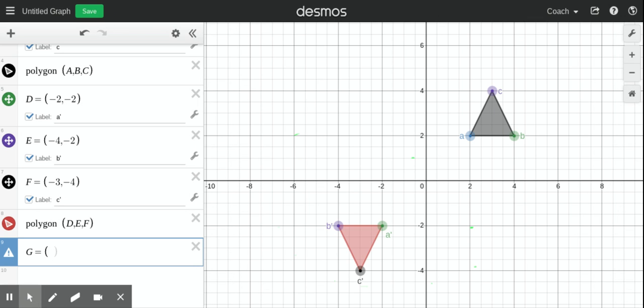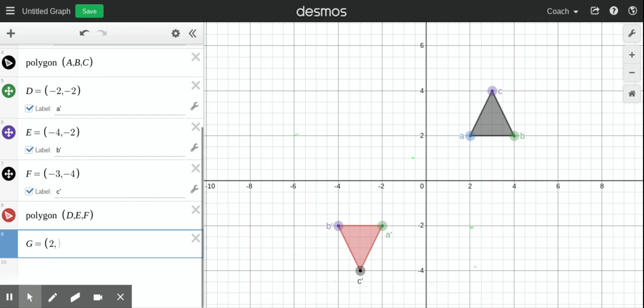The y is now going to be the first one, and the x is going to be second.